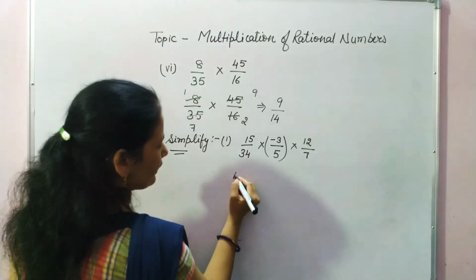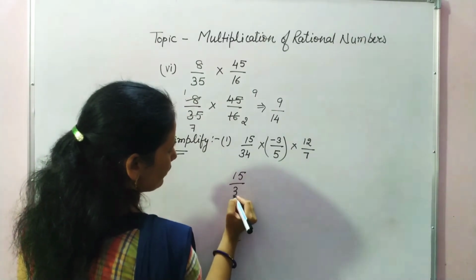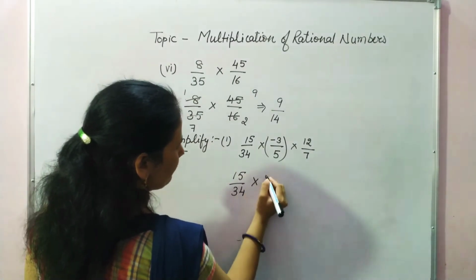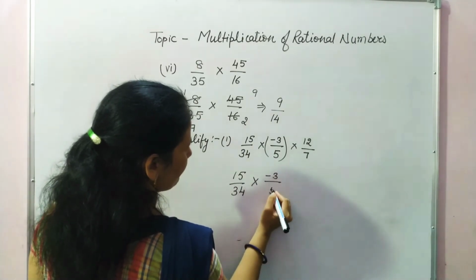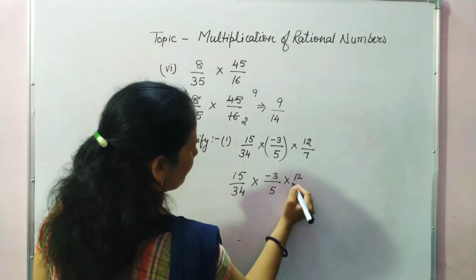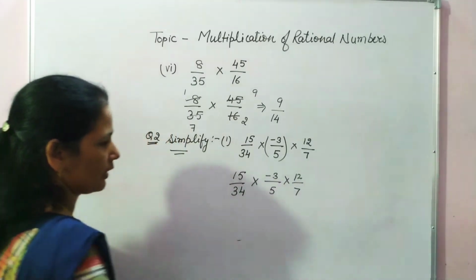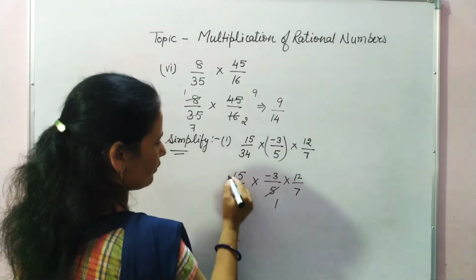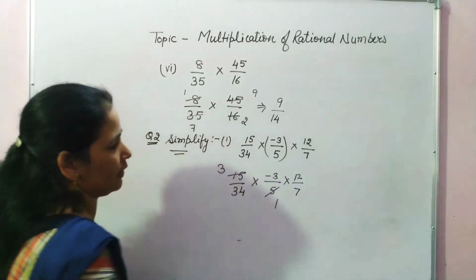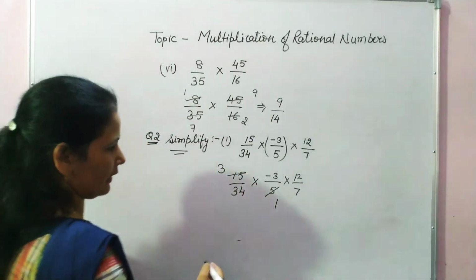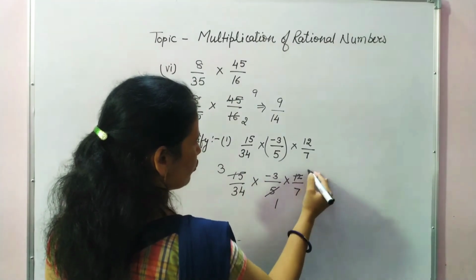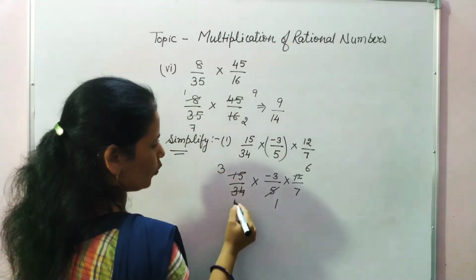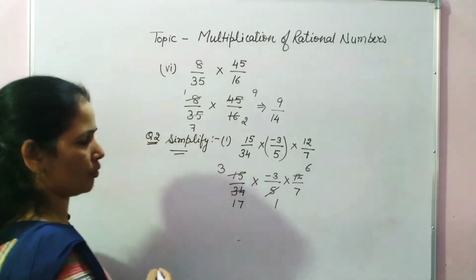I'm going to write it again because we have to cancel. Let's check by which table first. 5 ones are 5, 5 threes are 15. Then 2 sixes are 12, 2 ones are 2, 2 sevens are 14.